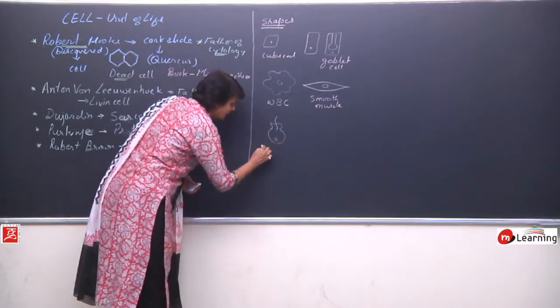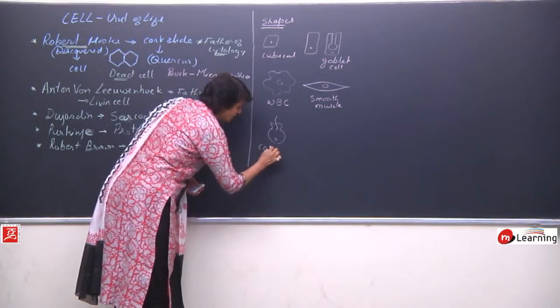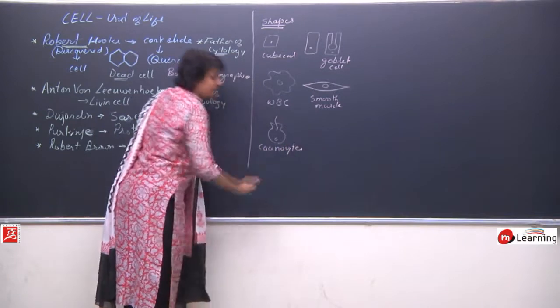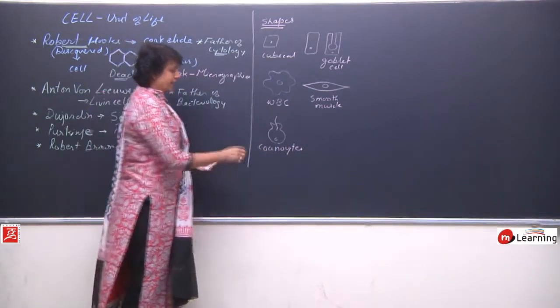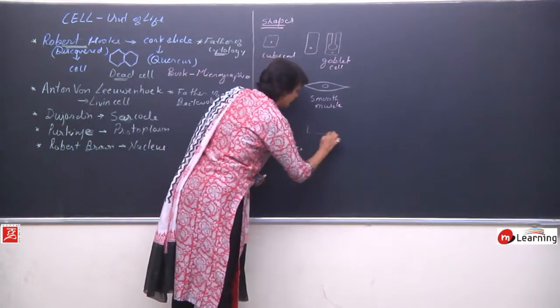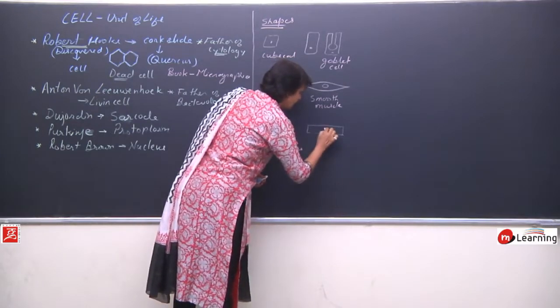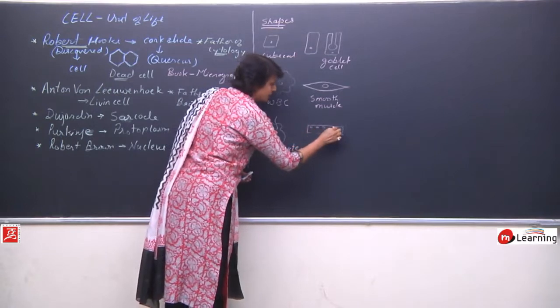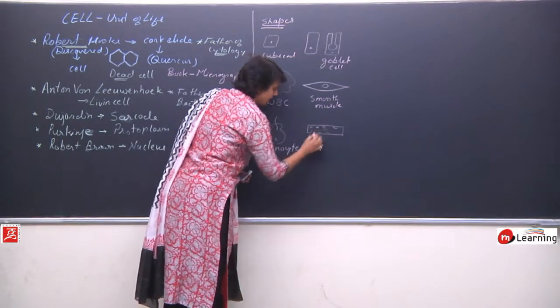These cells are known as choanocytes. Rectangular cells, the skeletal muscle cells, which, if it is a skeletal muscle, is multinucleated.